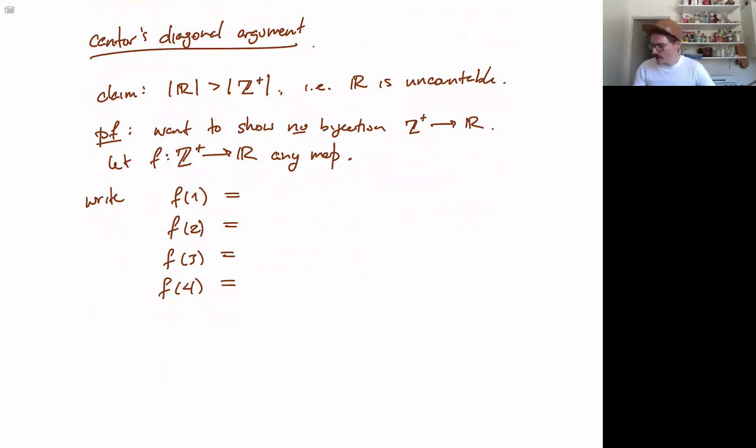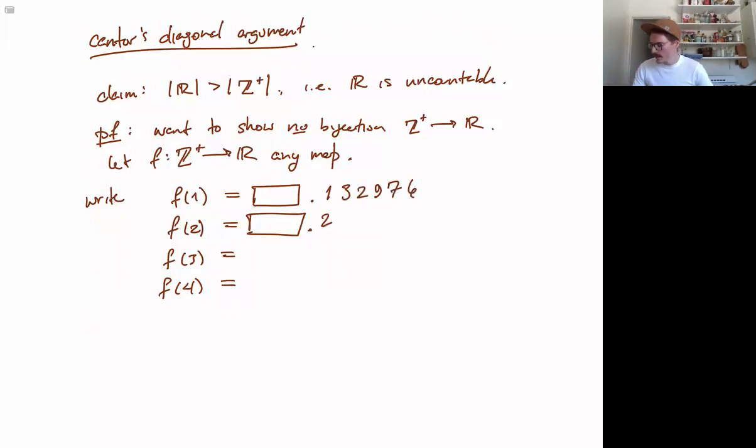And let's write down where each element goes under our map, and I'm going to ignore the non-fractional part. And I'm just going to worry about the fractional part. So I'm drawing a box just to say that this can be whatever you want. I am just going to ignore it. But then after the box comes the decimal part, for which I am just going to make up some digits. The point is that it doesn't matter what these digits are, as you will see.